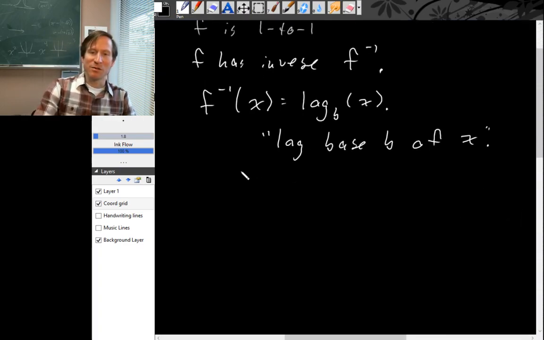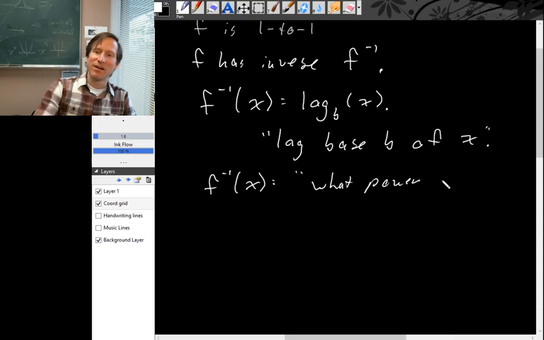And what a logarithm does is it answers the question. So f inverse of x is the answer to the question, what power on b produces x?